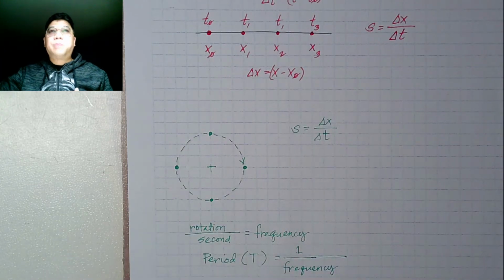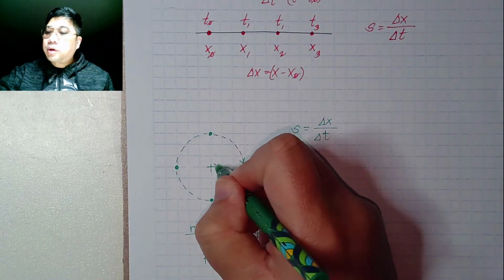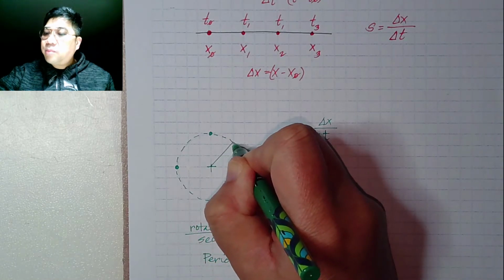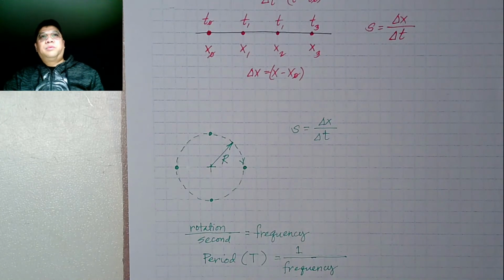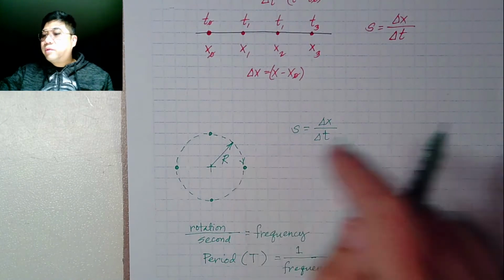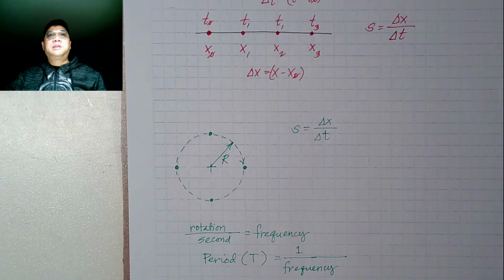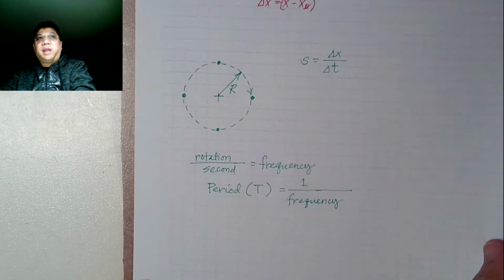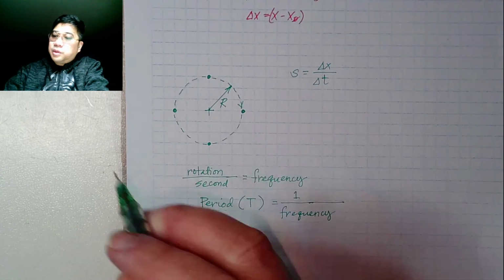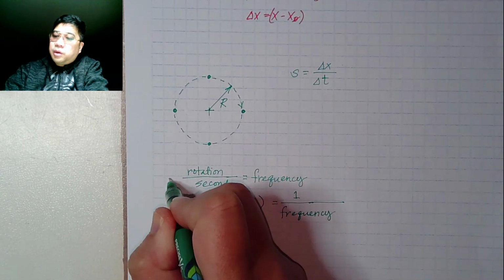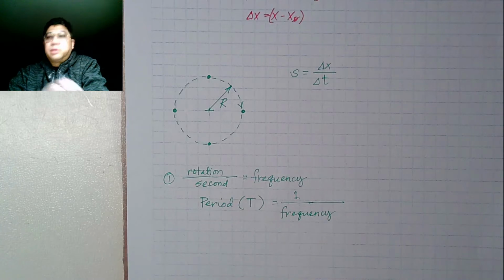So I just mentioned the name, and that is your circumference. If I have my radius r, the circumference is the linear distance around. So let me just write a very simple definition. This is our first step for frequency.